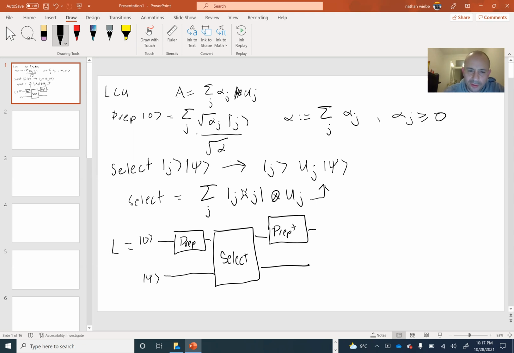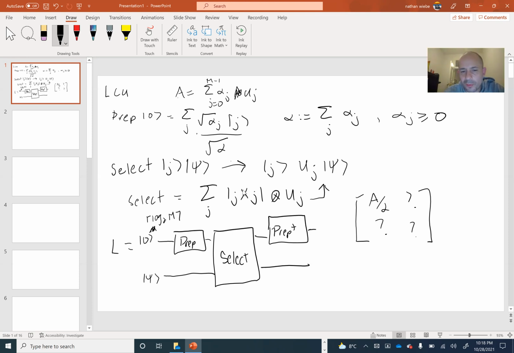We showed last time that L block encodes the matrix A over alpha. What we meant by block encoding is that if we flag the top register, which here is 0, say I do this sum from 0 to m minus 1, this is going to be of size ceiling log base 2 of m, just to have enough qubits to store all those values.